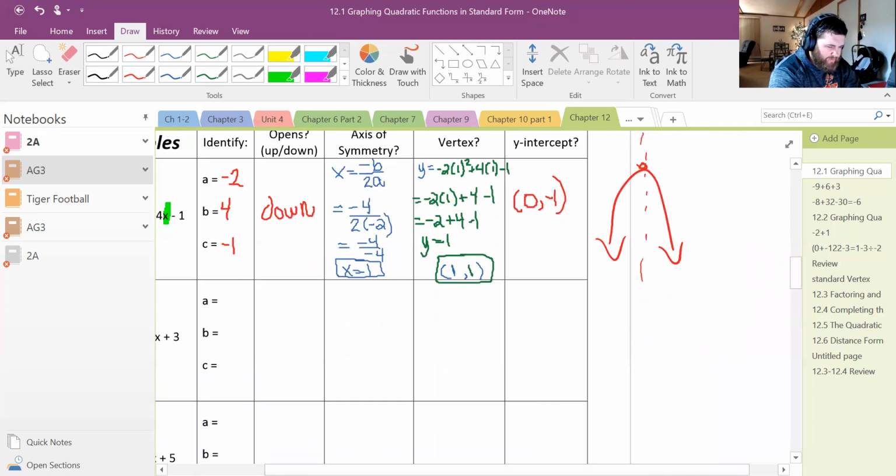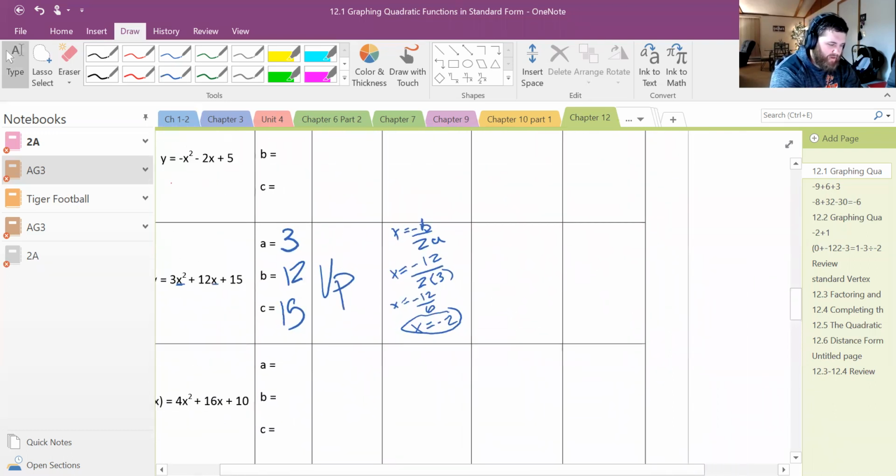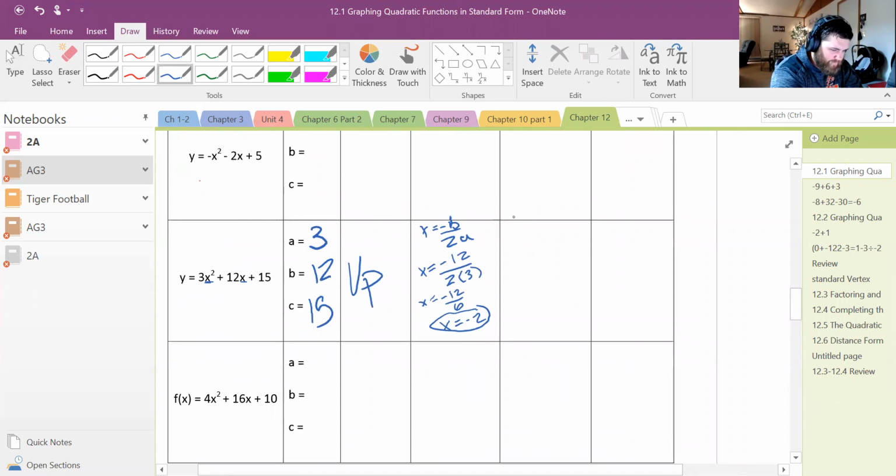Okay, next thing we want to do is the vertex. Let's plug negative 2 back into the equation. Everywhere we see an x, we put in a negative 2. So we have 3 times negative 2 squared, so that's just 3 times 4, which is 12.